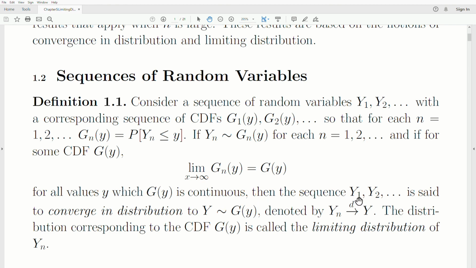Then the sequence Y_1, Y_2, and so on is said to converge in distribution to Y, where Y is distributed as capital G(y). It's denoted by Y_n converges in distribution to Y. That little d above the arrow means it converges in distribution. The distribution corresponding to the CDF G is called the limiting distribution of Y_n.